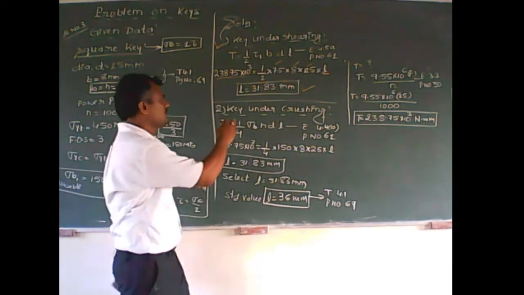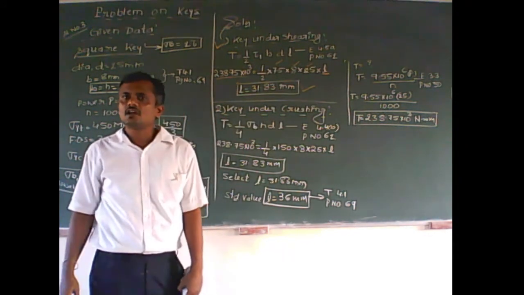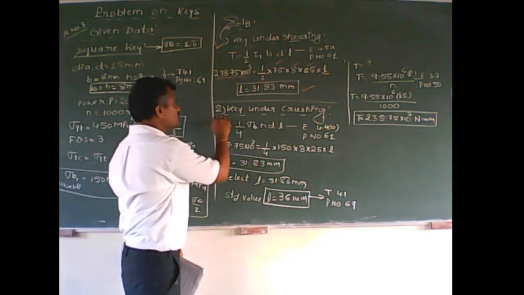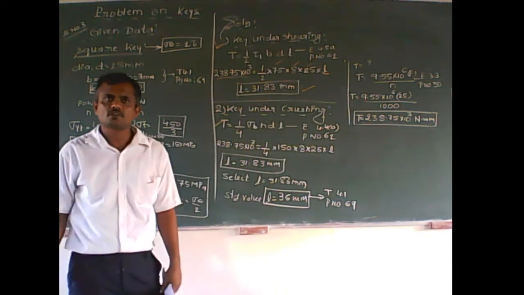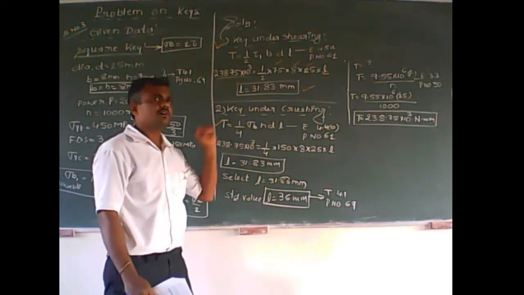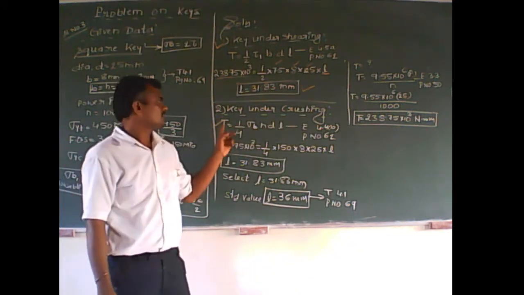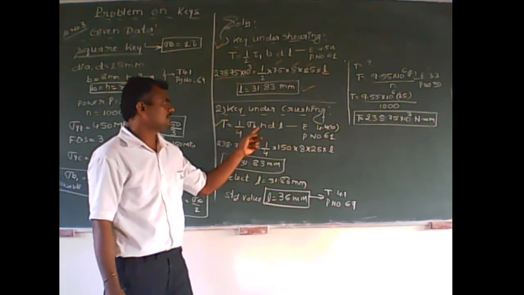And in the next, again we have to go for key under crushing. And in key under crushing, we can use this equation, that is equation number 4.4b, page number 62, where we have to consider sigma B, that is crushing stress. Equation is T is equal to 1 by 4 sigma B1 HDL.